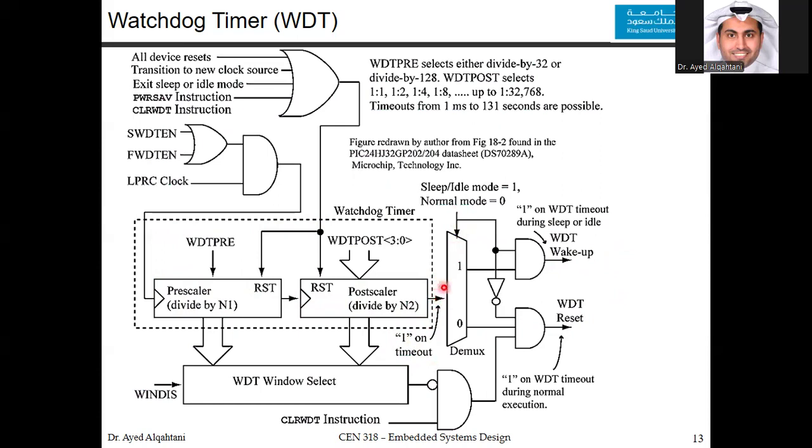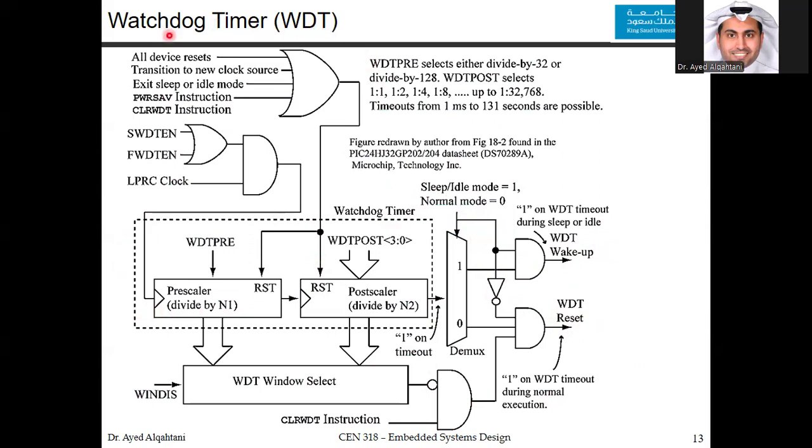If the watchdog timer expires, you will have 1 here. And now you will have 1 here and here because this is a demultiplexer. Based on the selection lines, either the watchdog timer wake up will be activated, or the watchdog timer reset will be activated based on this mode. That's the idea of the watchdog timer hardware.